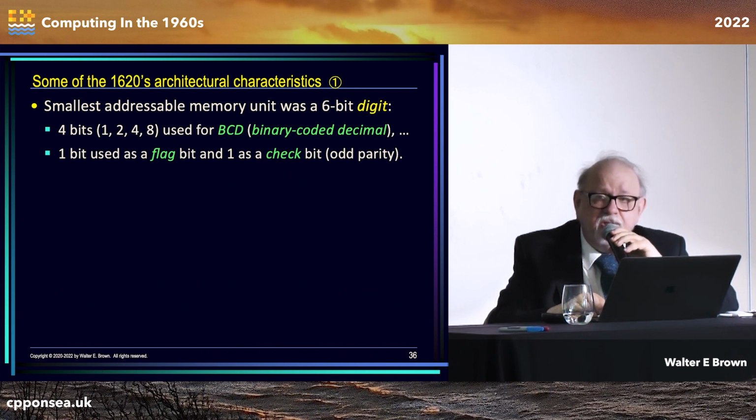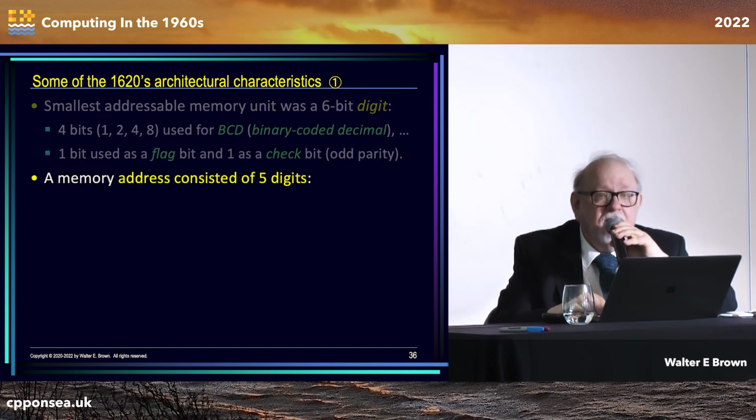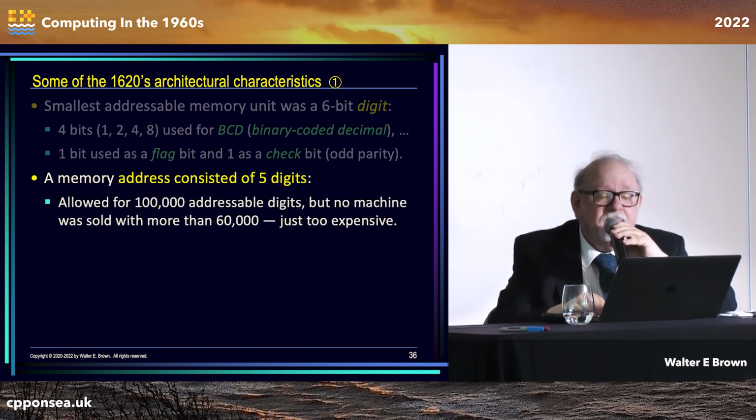We were all very concerned with parity back then. A memory address consisted of 5 digits. And of course, that gave you an address space of 100,000. But to the best of my knowledge, no machine was ever sold with more than 60,000 digits of actual memory. It was just too expensive.